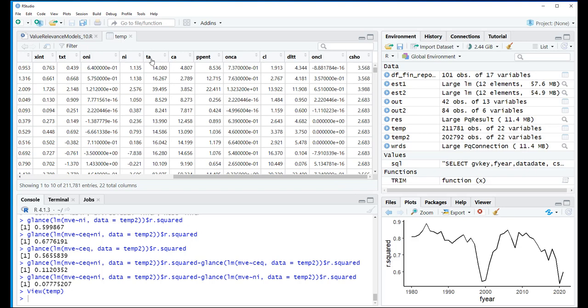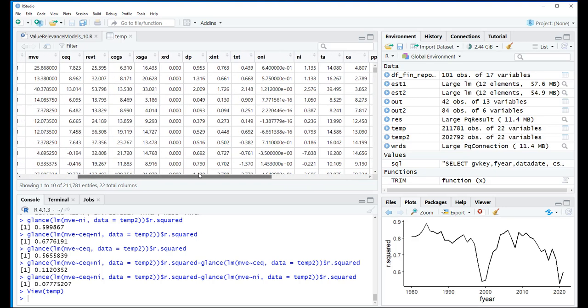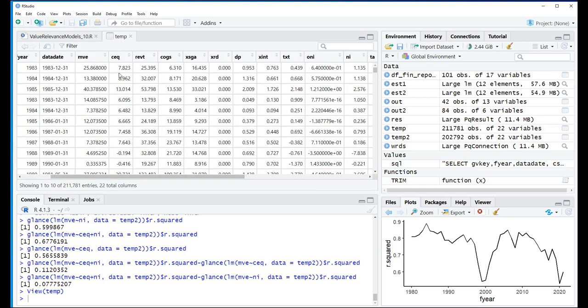Well, it's total assets minus all of these liabilities here. So CL, DLTT, and ONCL. If you were to take total assets minus these three, that would give you this book value of equity here.